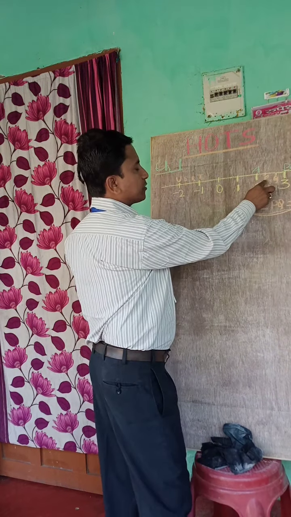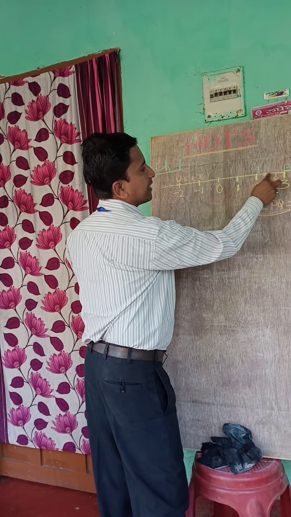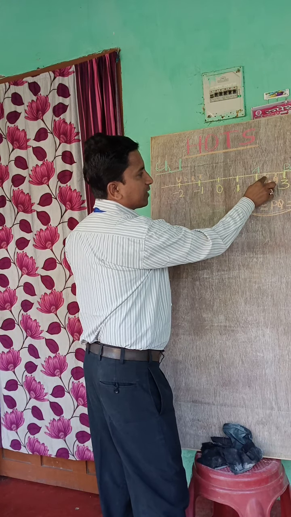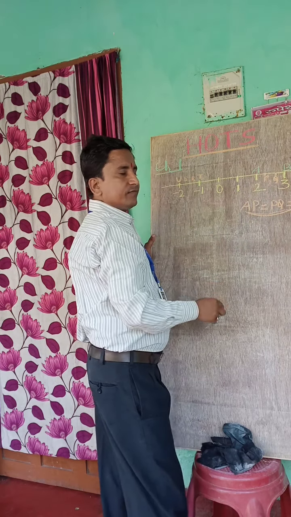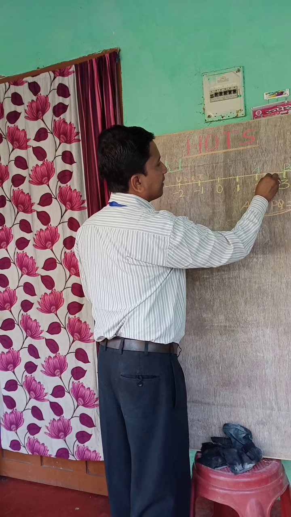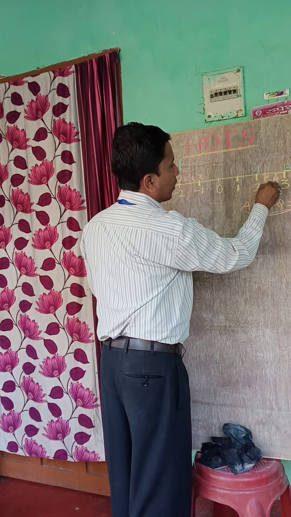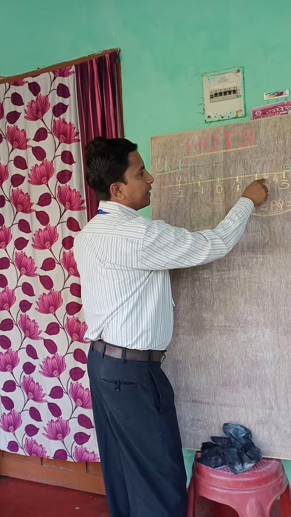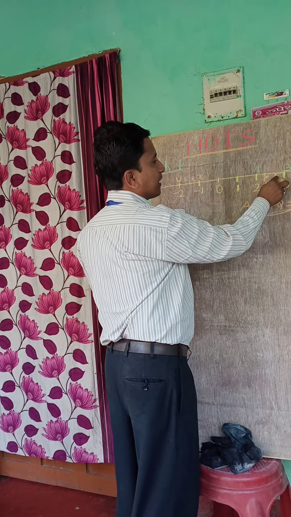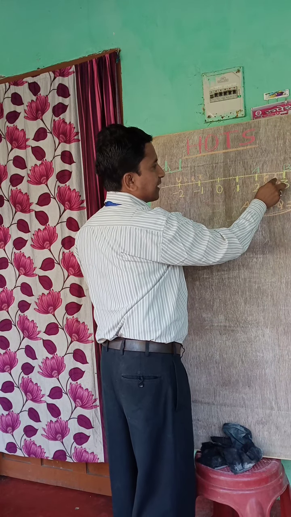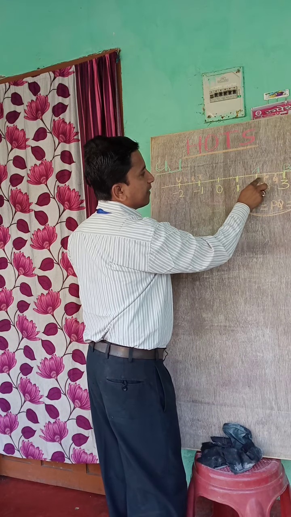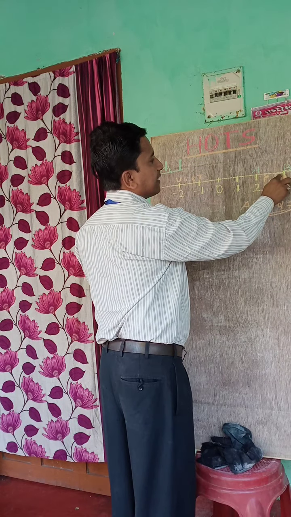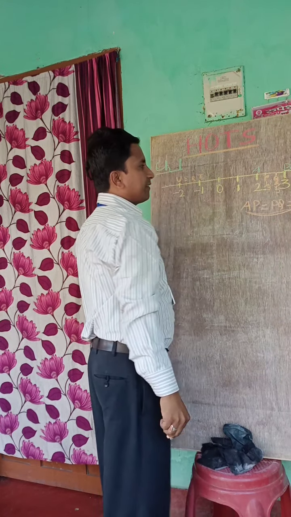Now, here you see this portion is divided into 3 equal parts, and from this point P is at first, Q is at second. So the value of P is here 1 by 3, since this portion is divided into 3 parts and P is from first position. Similarly, Q is at second position from A, so its value is 2 divided into 3 equal parts, so 2 by 3.